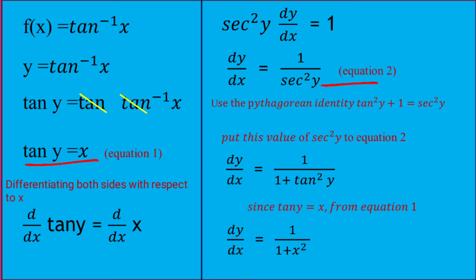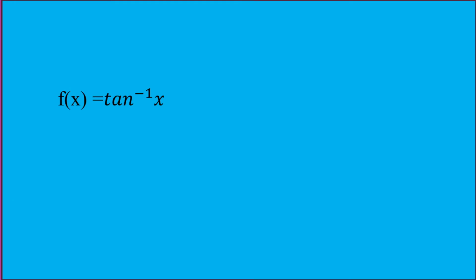By the use of this first equation, dy over dx is equal to 1 over 1 plus x squared.